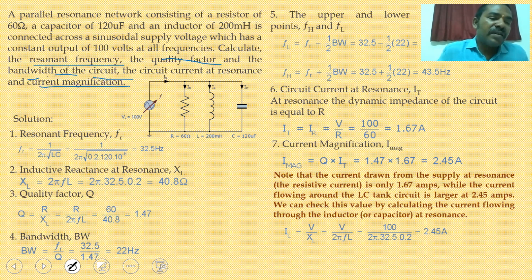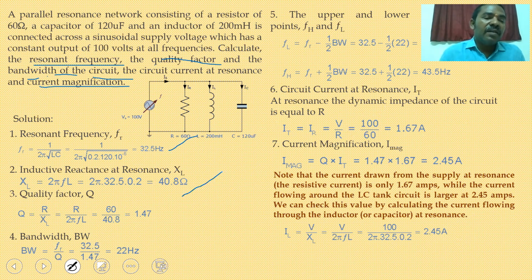So F naught is equal to 1 by 2 pi root LC. By substituting L is equal to 200 millihenry and C is equal to 120 microfarads, you can get 32.5 hertz. Then XL is equal to 2 pi F into L, or L omega. By substituting those values, we are getting 40.8.